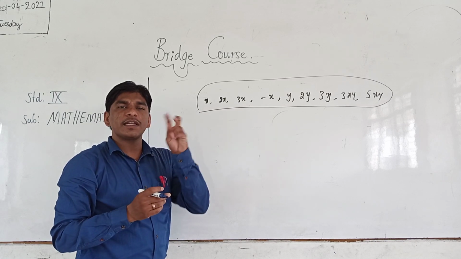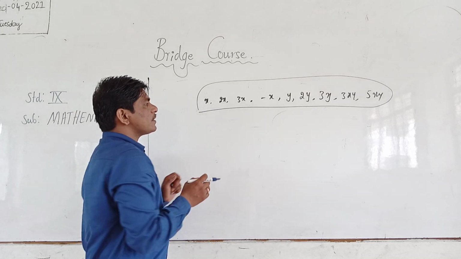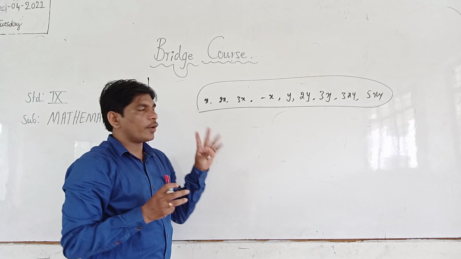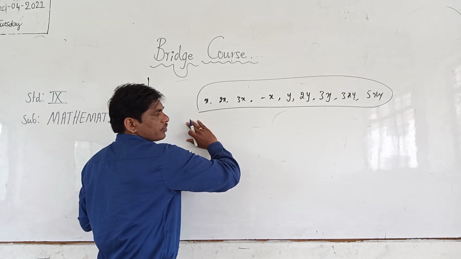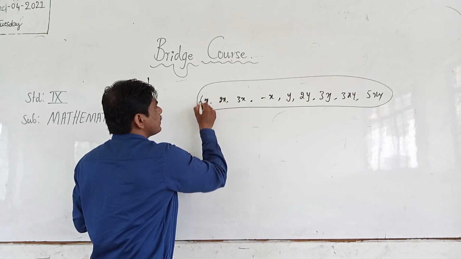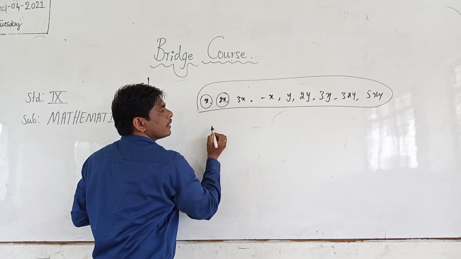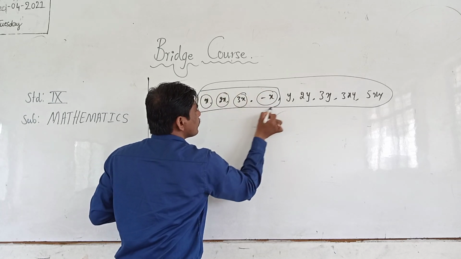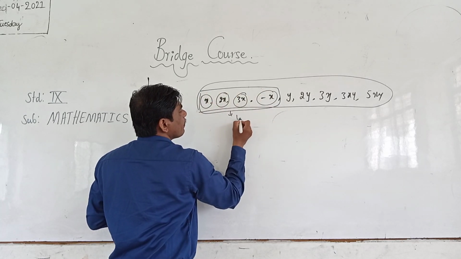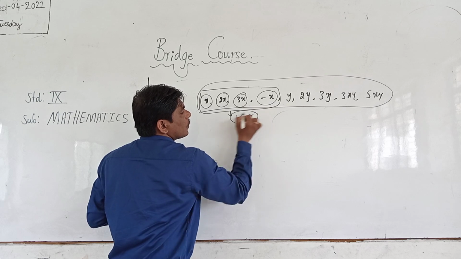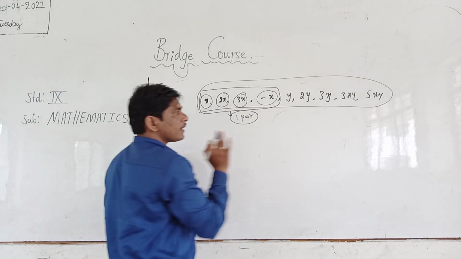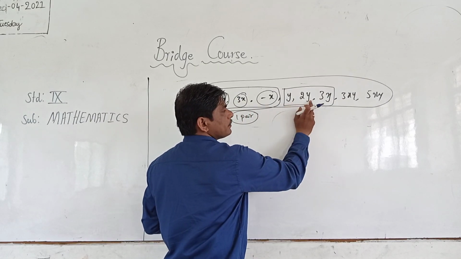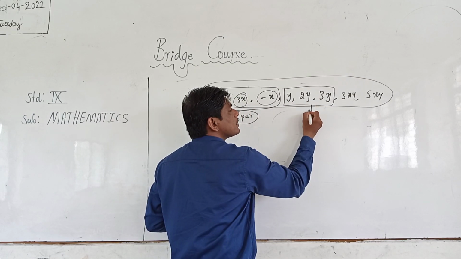Like terms means the given variables are the same. Here, x, 2x, 3x, minus x are one pair of like terms. Similarly, another pair: y, 2y, 3y. This is the second pair.